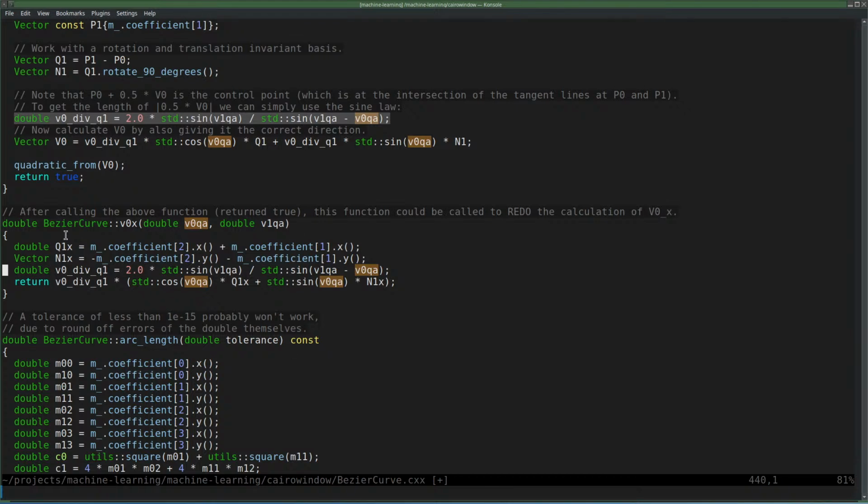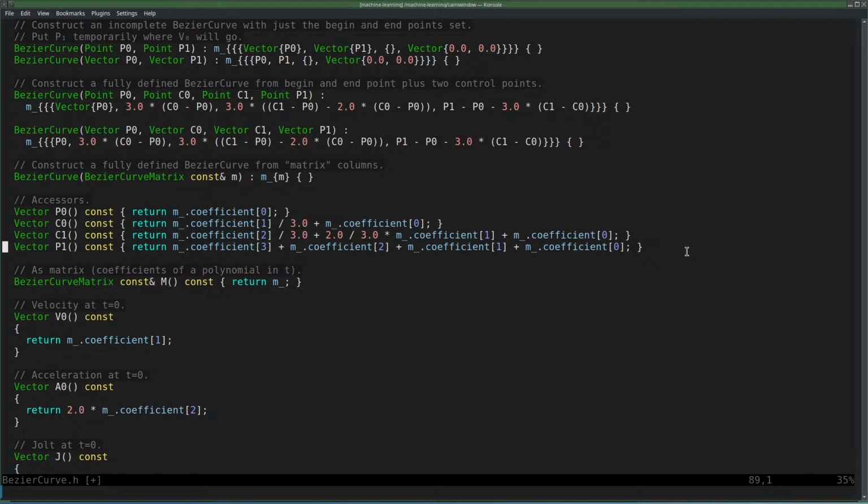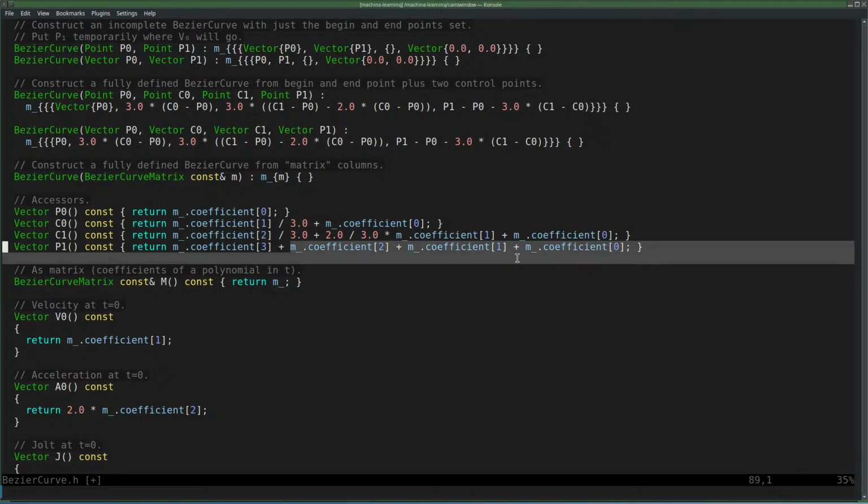So Q1, no, sorry, P1 is all the coefficients added. Look at it again. 0, 1, 2, 3, all added. This is 0. We subtract P0, so we subtract that. So P1, sorry, no, Q1 is equal to that.